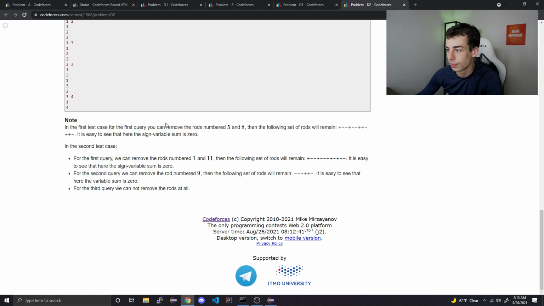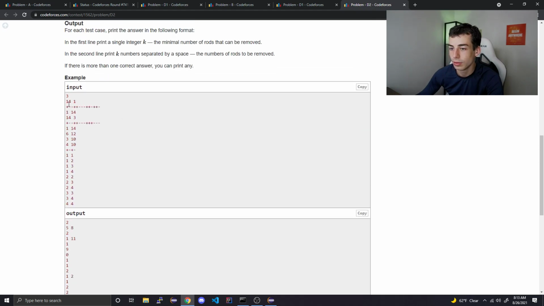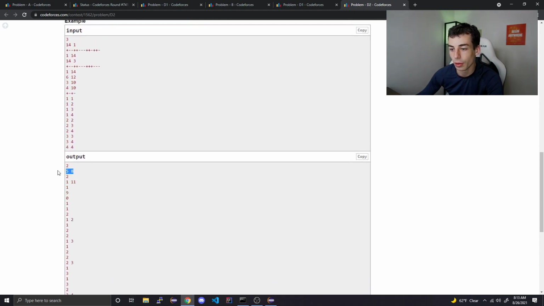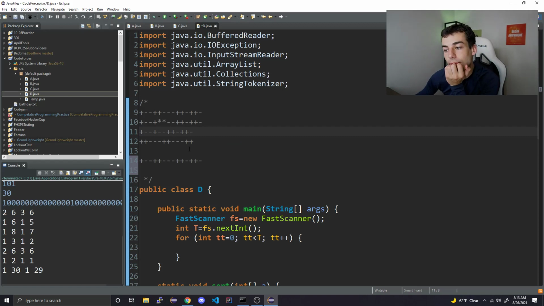So they give us samples. In the first case, for the first query, you can remove the rods numbered 5 and 8. But they don't, right? Oh, they do. They remove 5 and 8. Okay.